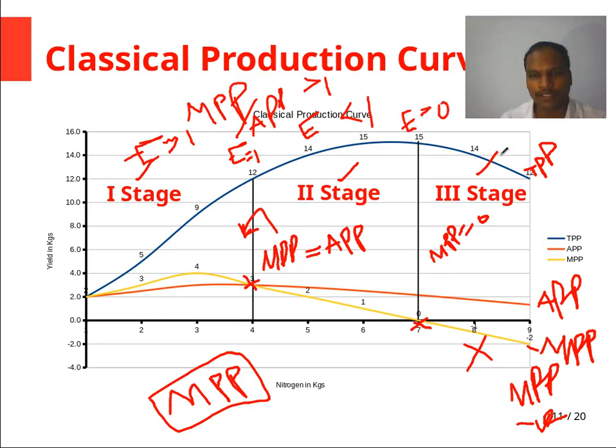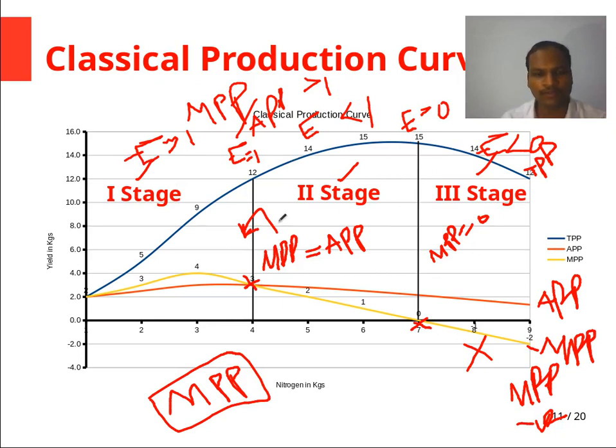Then at this stage MPP becomes negative and APP decreases. So here also the elasticity is less than 0, that is, negative. So we have to mention the elasticity also in the production curve.